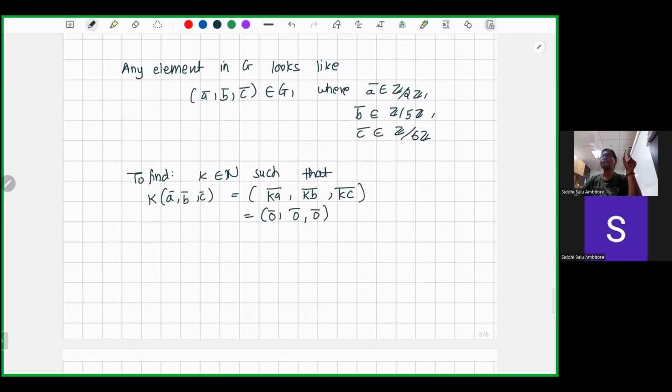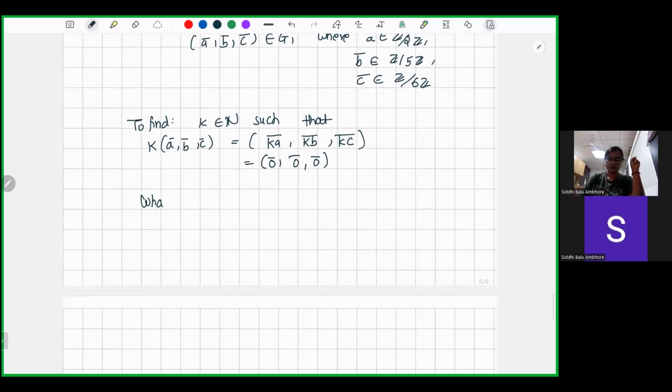Note that for C, what is the exponent of Z6? Z6 is a cyclic group of order 6.